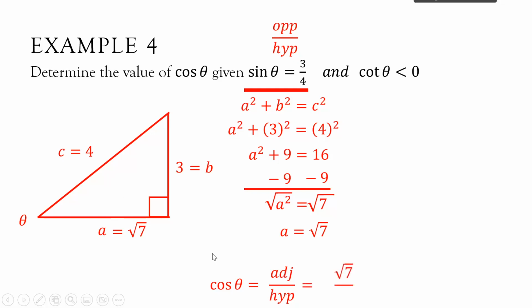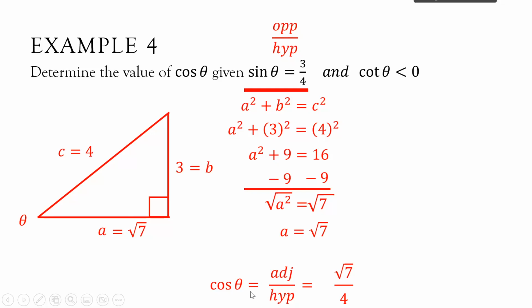So I have the square root of 7 divided by 4. So I have cosine of theta, right? Well, we just have to make sure about one last thing. I haven't used this piece of data yet: cotangent of theta being negative.